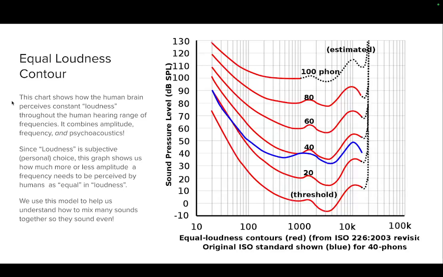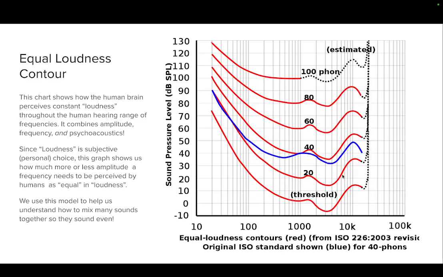Since loudness is subjective, this graph shows us how much more or less amplitude a frequency needs to be perceived by humans as equal in loudness. This is showing us that if this sound is to be perceived in the same loudness as this frequency, then the lower one will need to be amplified much more for it to seem as loud as something in this range.